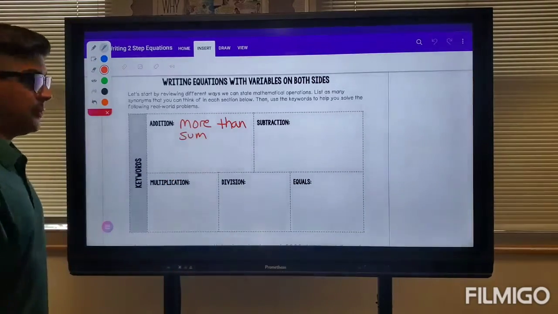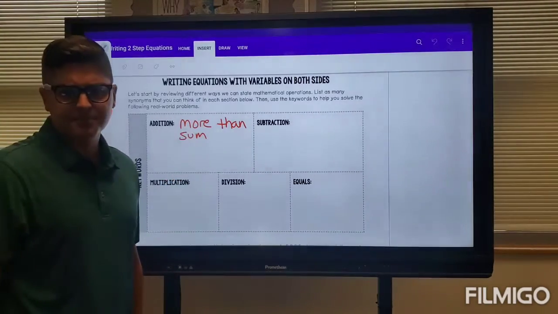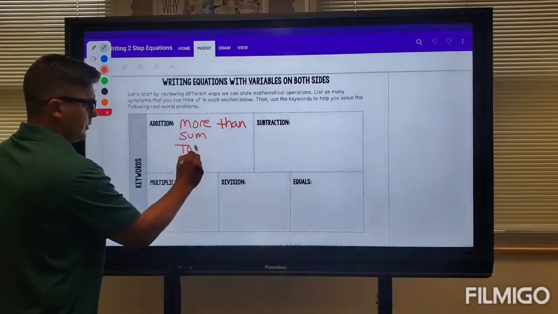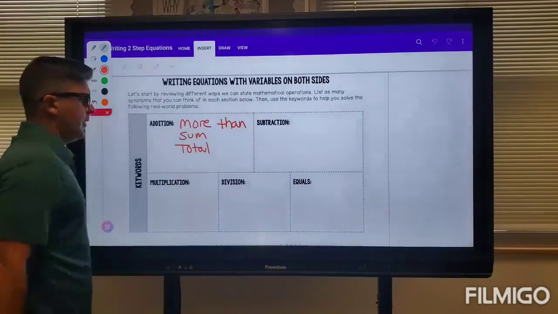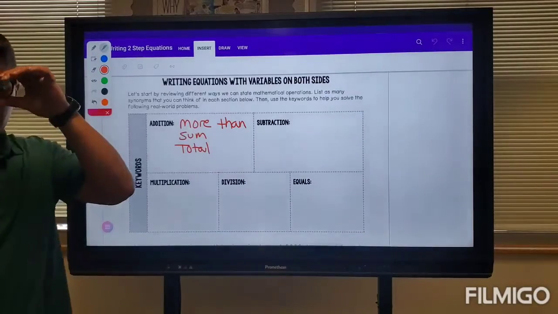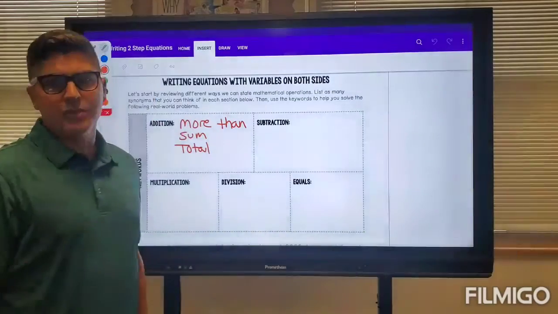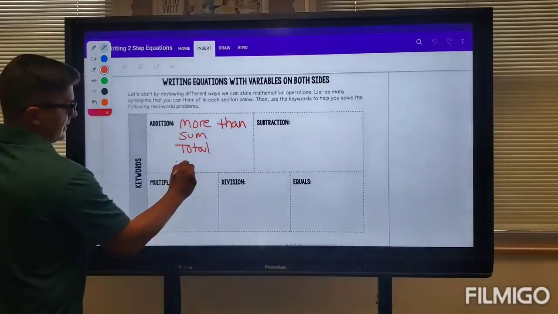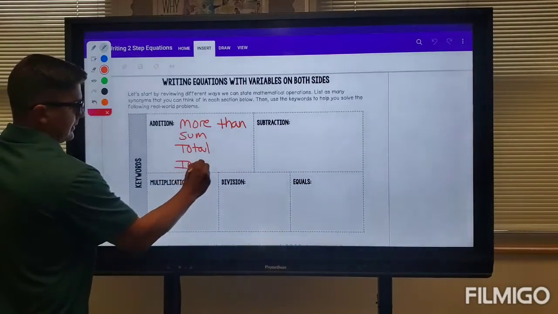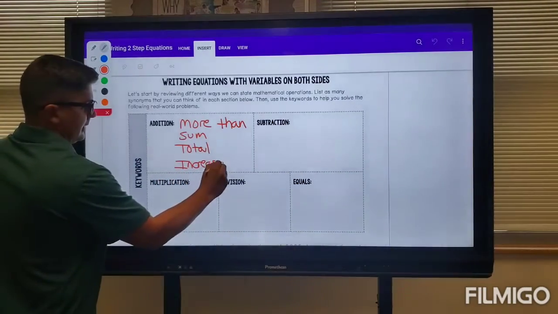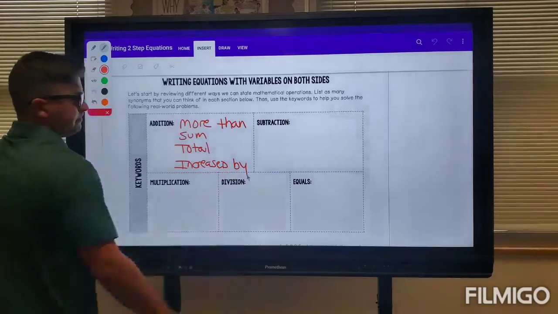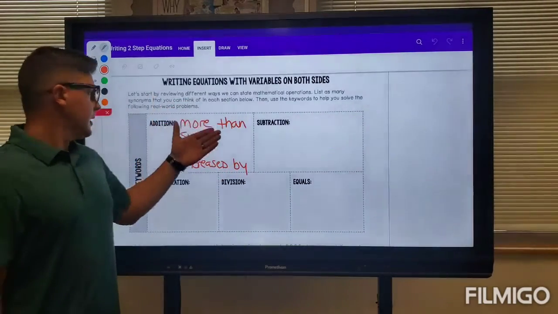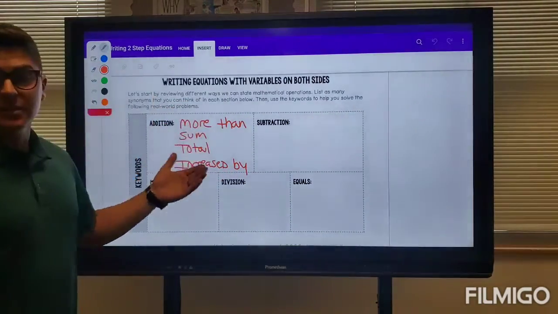A sum of two things also means addition. If you see "the total," that also means addition. And there are a lot of different words that we can use, and let me just put one more. You might see "increased by," okay?